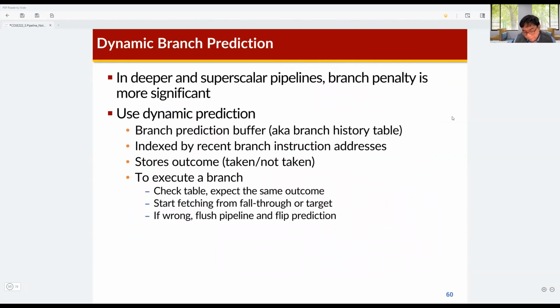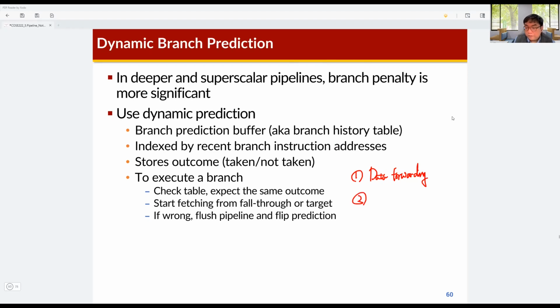Okay, so I will explain about branch prediction. In order to reduce the wasted cycles by data hazard, we use data forwarding.